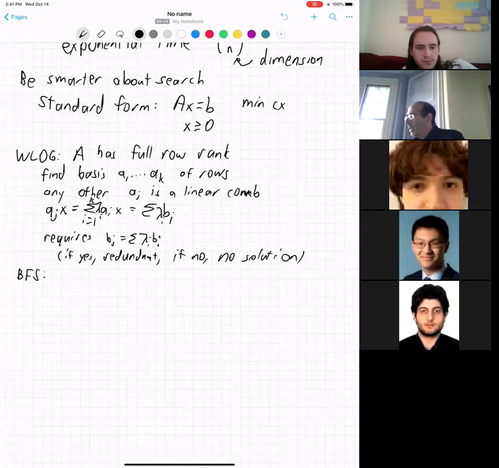So now let's think about our basic feasible solution. What can we say about a basic feasible solution in standard form? Well, we know that all of the Ax equals b constraints are satisfied, and so they're automatically tight, right? So what else do we need in order to have a basic feasible solution?